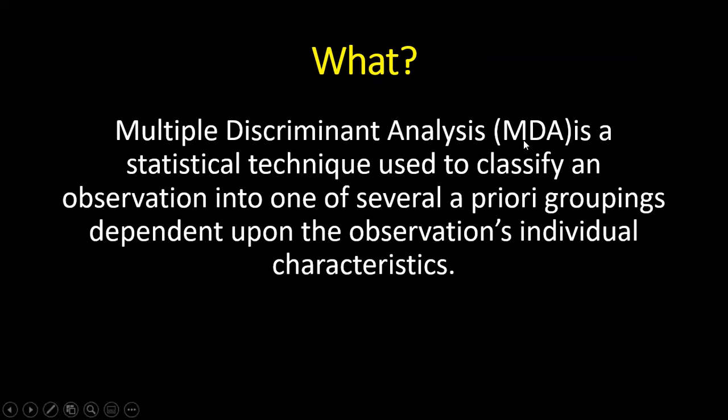Multiple discriminant analysis, MDA, is a statistical technique used to classify an observation into one of several a priori groupings depending upon the observation's individual characteristics. So based on individual characteristics of a particular set, it is possible to segregate and group them into two or three groups.